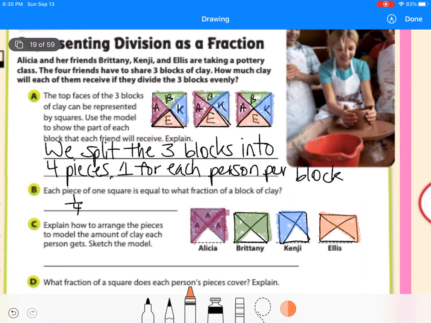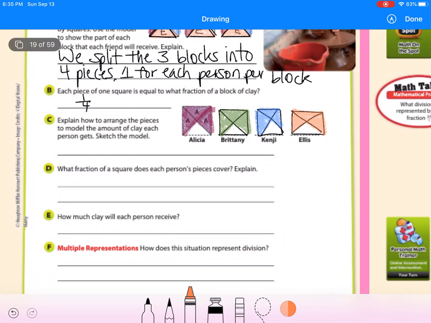Sketch the model. So we sketched it. Now, what fraction of a square does each person's pieces cover? Explain. So if the whole square is 4 pieces, what fraction did each person get? They all get 3/4 of a block of clay, because that was the even amount.